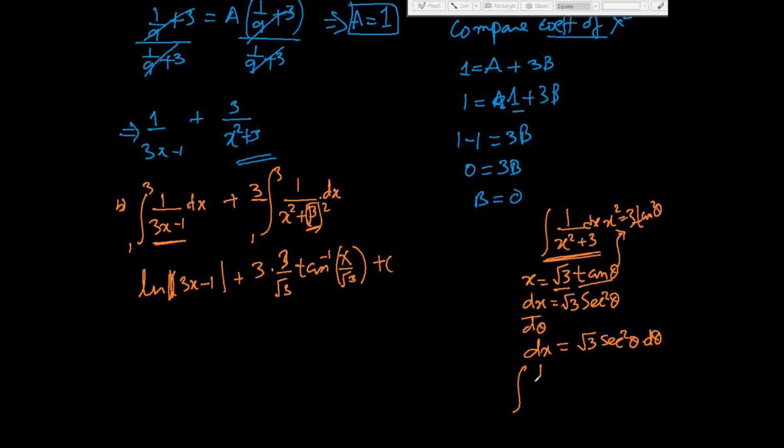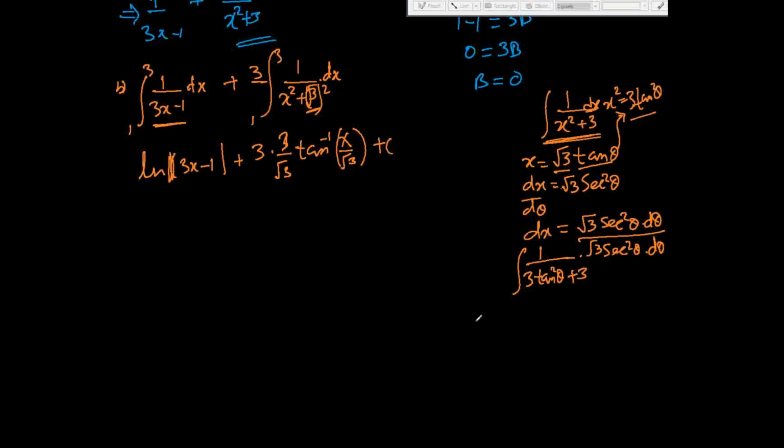So 1 over x square, 3 tan square theta plus 3, and dx is square root 3 secant square theta d theta. All right.